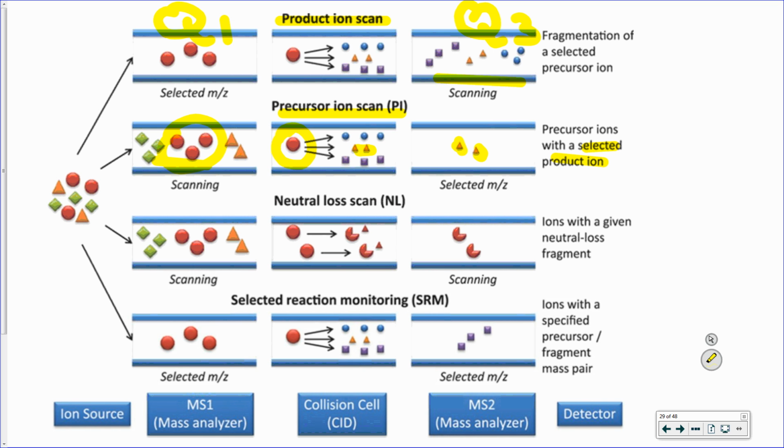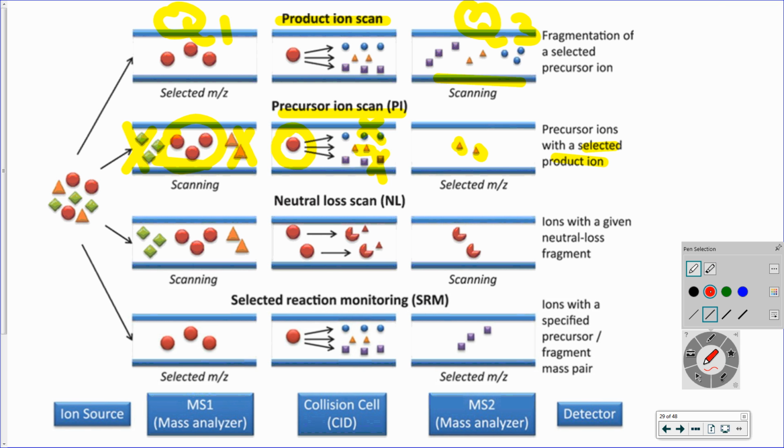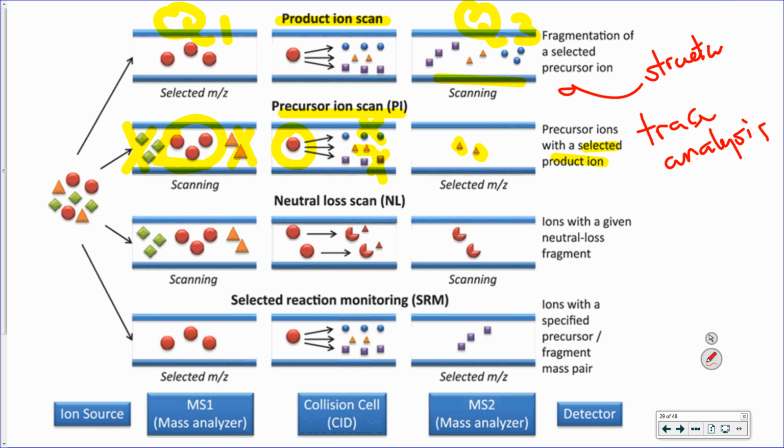So with that, I'm basically filtering out everything else very successfully. This is the high sensitivity, so trace analysis, where the product ion scan tells you more structural types of information.